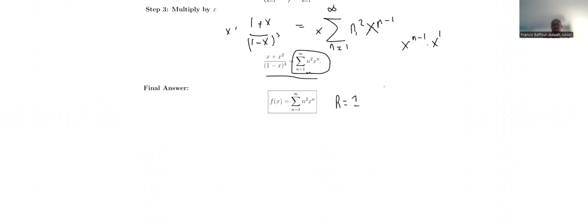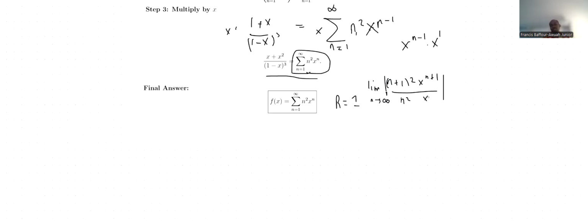So if you use the ratio test, you're looking at the limit as n goes to infinity of the absolute value of (n plus 1) squared times x to the power n plus 1, over n squared x to the power n.